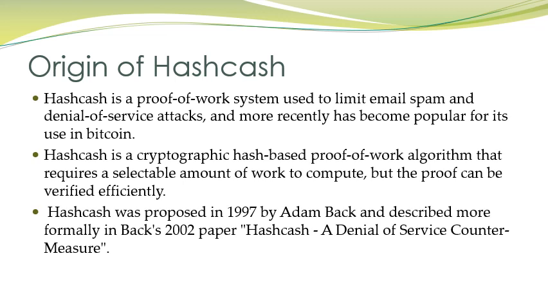This Hashcash is a proof of work system used to limit email spam and denial of service attacks, and more recently has become popular for its use in Bitcoin. So Hashcash is used for emails, to prevent spammers from sending emails.